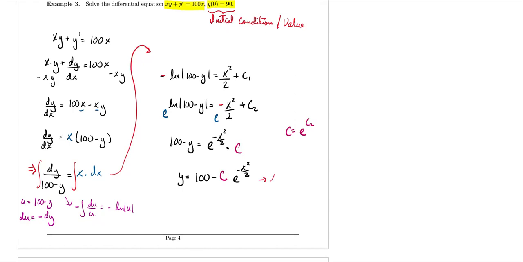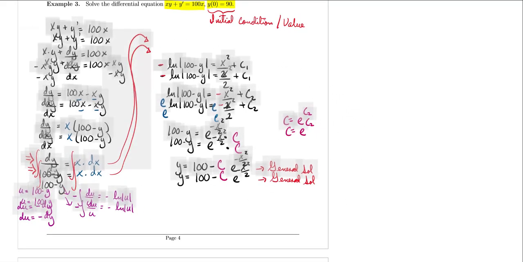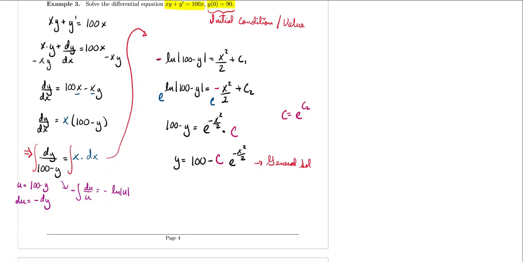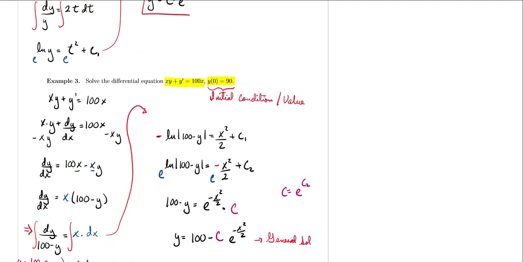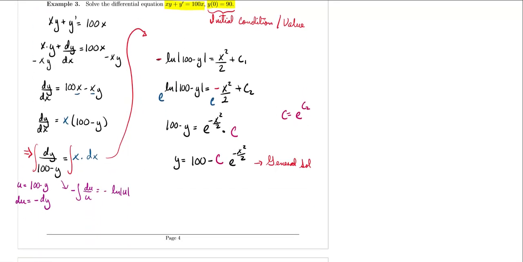Now again, this is the general solution, but this problem in particular was asking us for a particular solution because we're trying to figure out what is going to be the equation that also satisfies the condition where y of 0 equals 90.